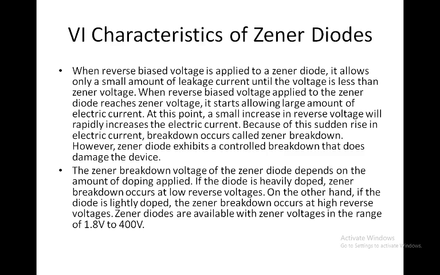The Zener breakdown voltage of a Zener diode depends on the amount of doping applied. If the diode is heavily doped, Zener breakdown occurs at low reverse voltage. On the other hand, if it's lightly doped, Zener breakdown occurs at high reverse voltage. Zener diodes are available with Zener voltage in the range 1.8 volts to 400 volts.